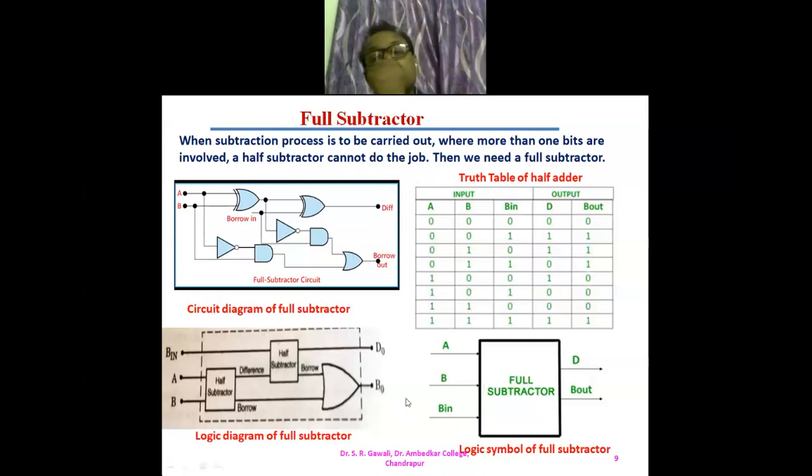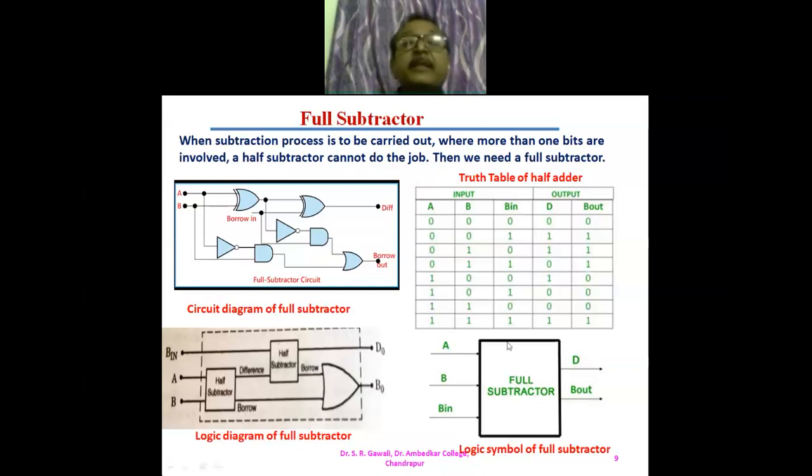Okay. And this is the logic symbol of the full subtractor. A and B are the two inputs, and the third input is the BIN. These are given to the full subtractor, and the outputs of the full subtractor are the difference D and the borrow out. Okay.